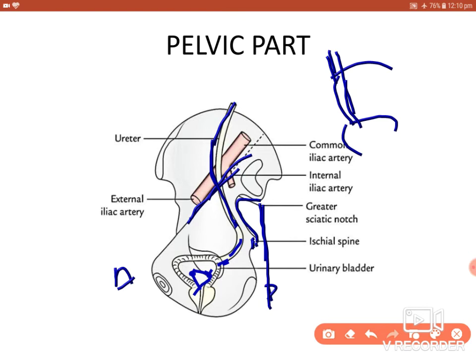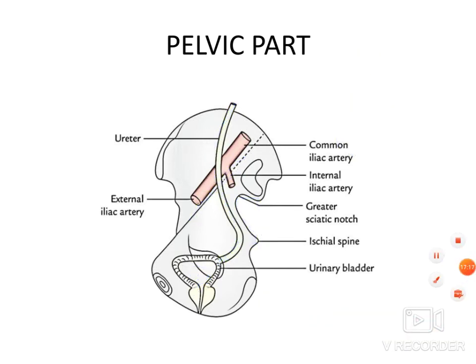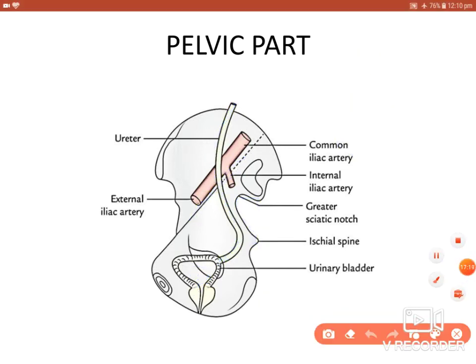From where it crosses the pelvic brim, you can see this is the pelvic brim. Here the common iliac divides into external iliac and internal iliac artery. From this level to the ischial spine forms the vertical part of the ureter.